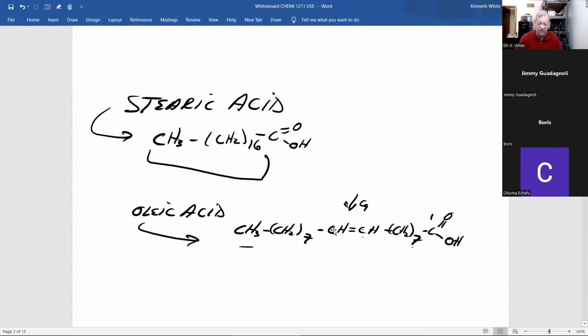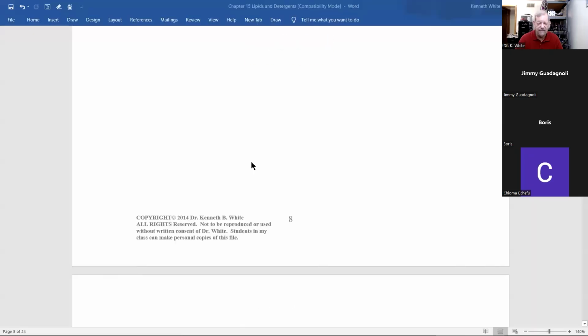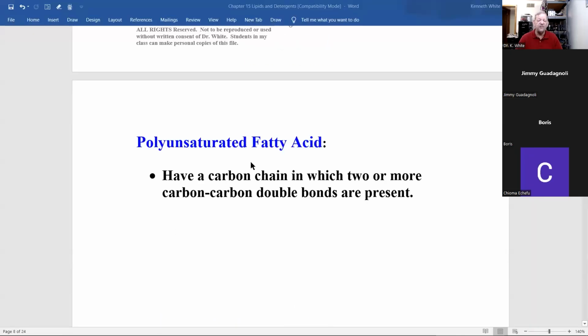Oleic has a double bond. Stearic doesn't. Now, you can have polyunsaturated fatty acids where you have more than one double bond, 2 or more. Example 2 would be linolenic. Yes, I worked in this industry. I know this stuff.